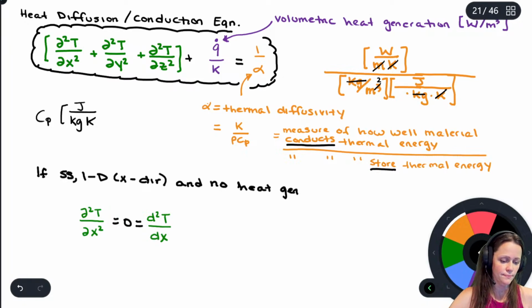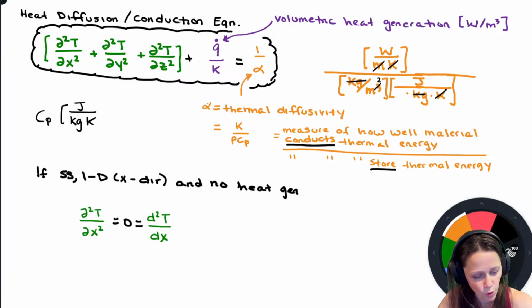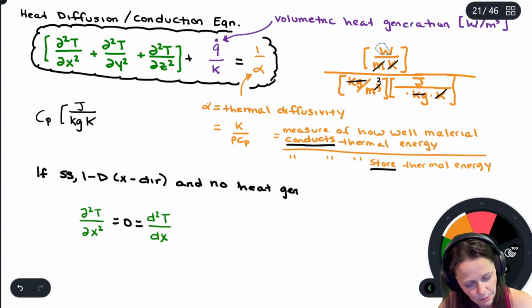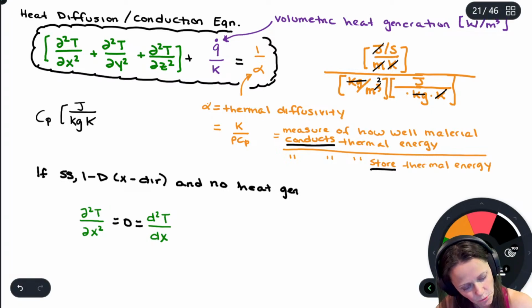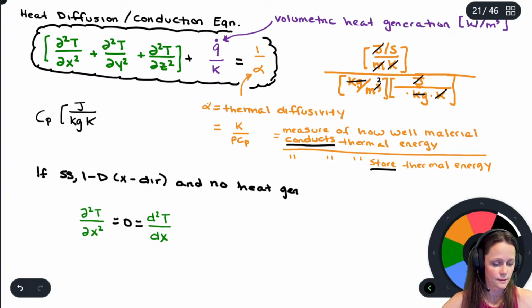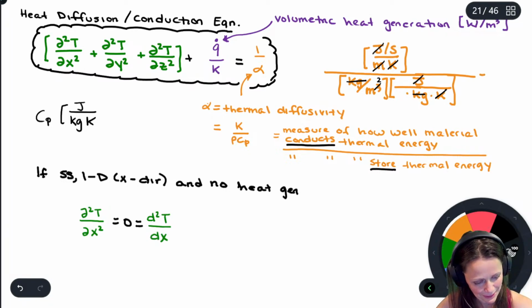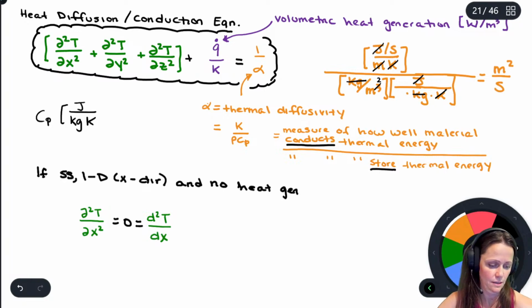So your watt up on the top is going to be a joule per second. Finally. Now it's in the right place. So now we've got meter squared per second.